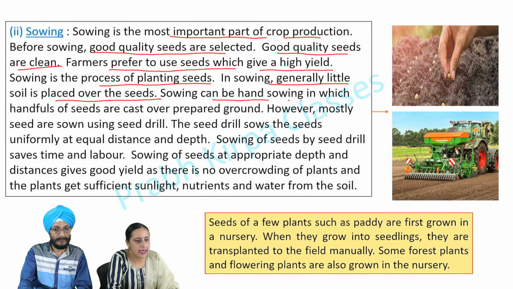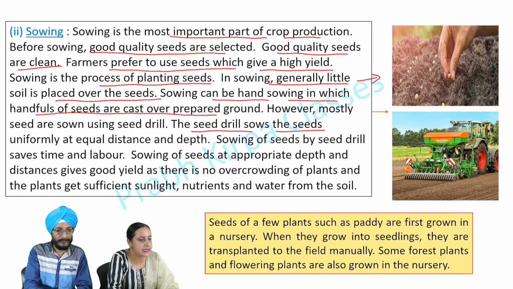Sowing can be hand sowing, in which handfuls of seeds are cast over prepared ground. However, mostly seeds are sown using a seed drill. The seed drill sows the seeds uniformly at equal distance and depth. Sowing of seeds by seed drill saves time and labor.